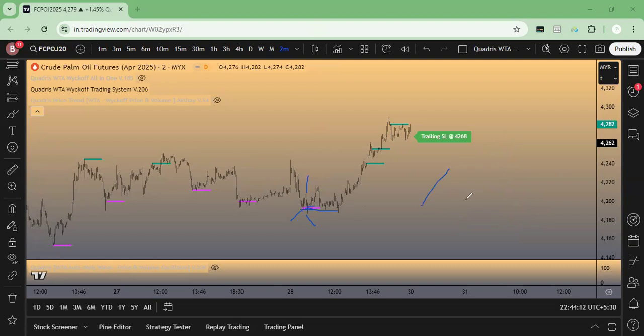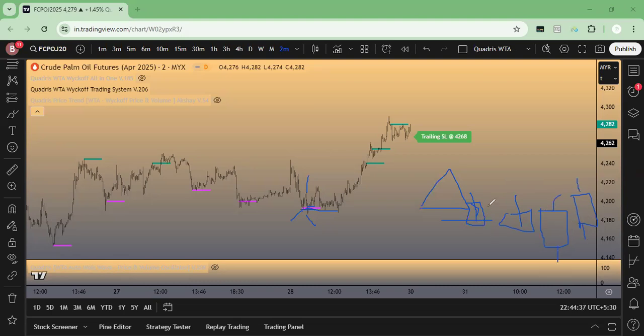Now for pullback, many gentlemen had a problem with what we should consider. As per my explanation, I only consider one or two candles, but sometimes there are many candles taking place at one particular level. So on those lines, what to do? I straight away skip that trade because I made my rule.